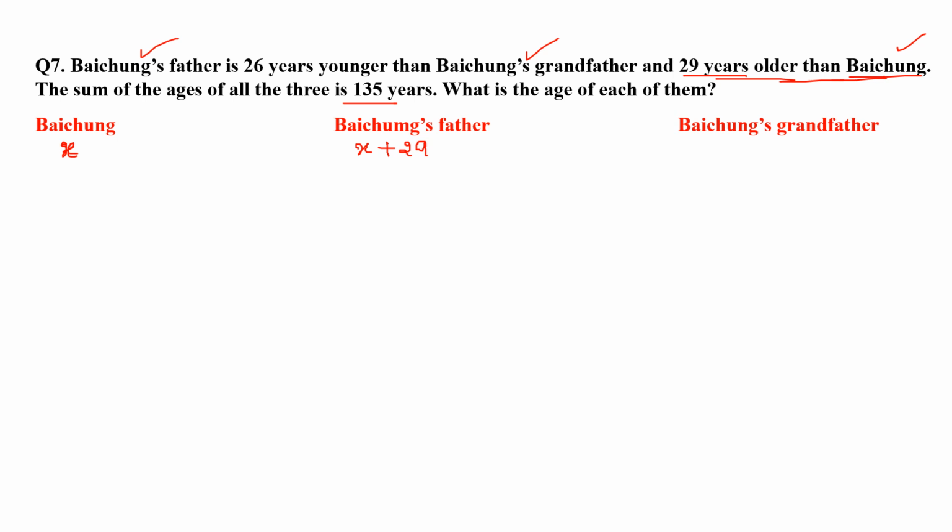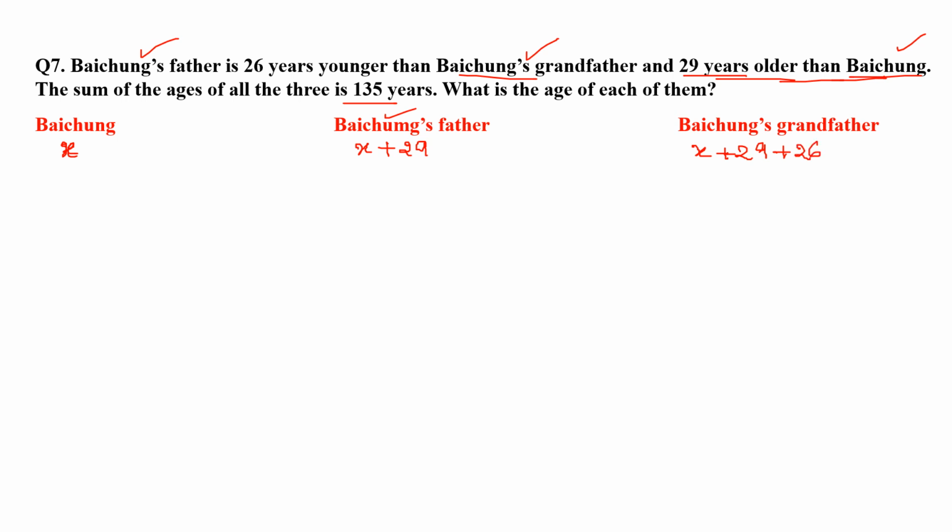And Bachung's grandfather, it is given Bachung's father is 26 years younger than Bachung's grandfather. It means if you read it in another way, then Bachung's grandfather must be 26 years elder than Bachung's father, isn't it? So elder means you have to add 26 to the age of Bachung's father.